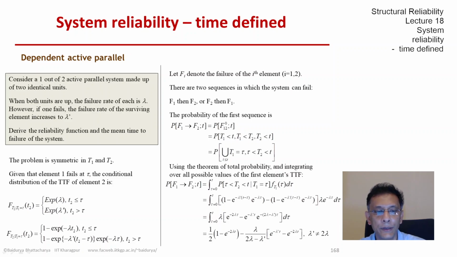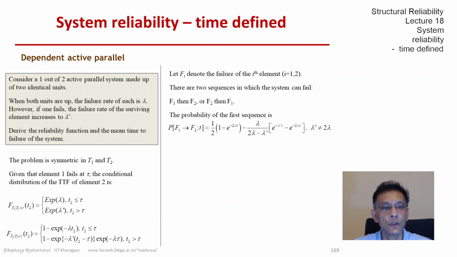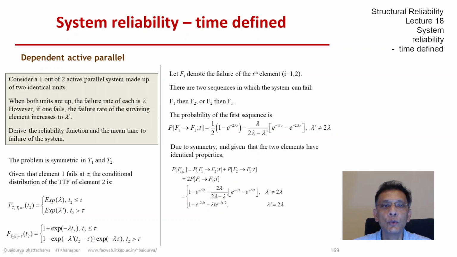And if lambda prime is twice lambda, then we have a slightly different form, which you'll see in the next slide. So F1 then F2, that sequence has the probability that we just derived. Now this is where the symmetry is going to be useful, that the two sequences are equally likely.